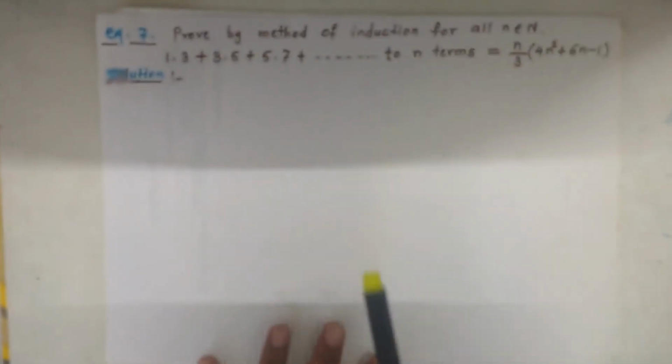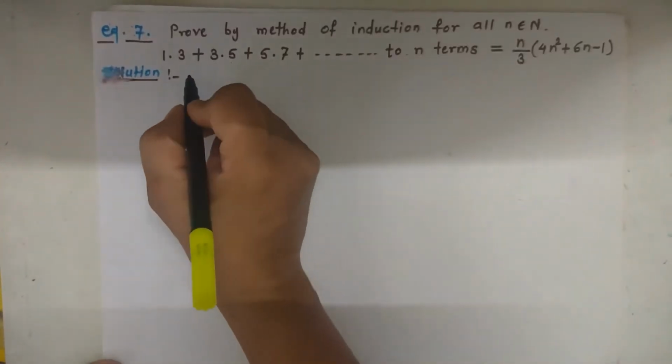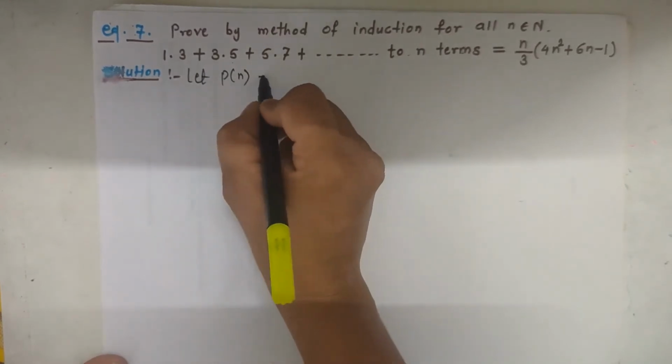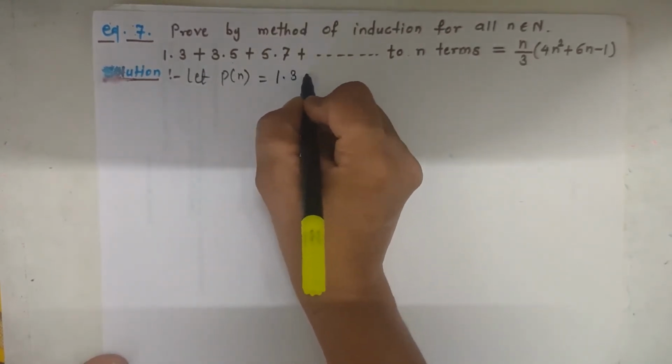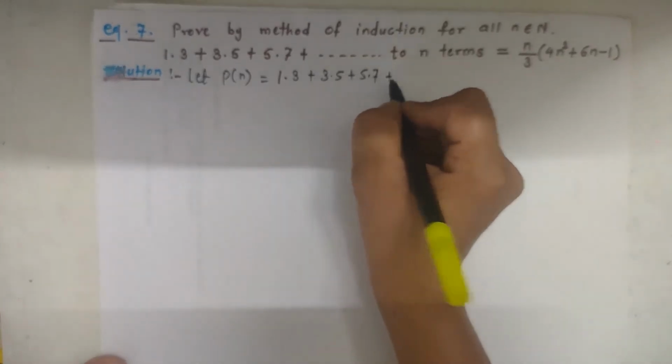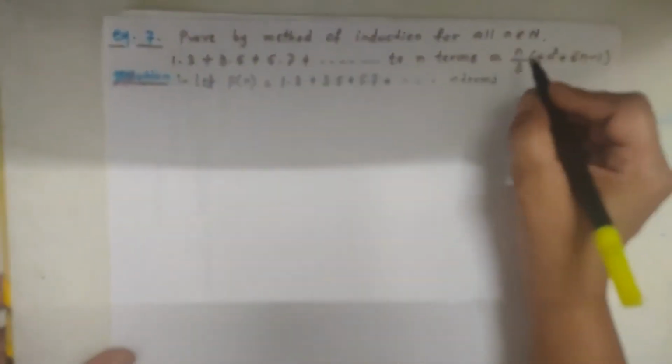So here the nth term is not given. So first find out the nth term. Here we have to find out the nth term. So let us consider the given statement. P of n is equal to 1 into 3 plus 3 into 5 plus 5 into 7 plus up to n terms is equal to n by 3 into (4n square plus 6n minus 1).